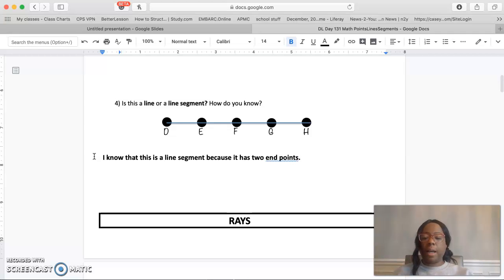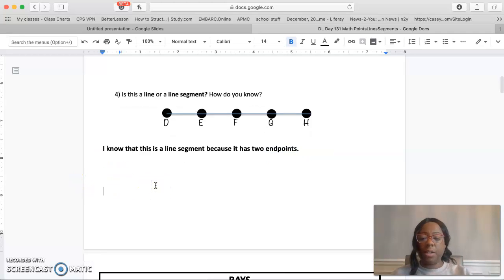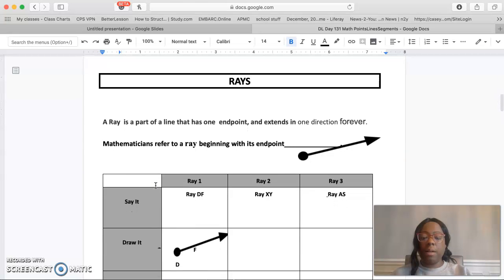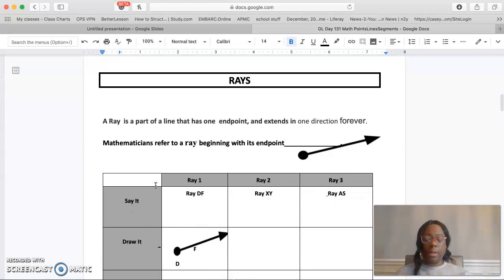So we can have line segment DE, we can have line segment EF, we can have line segment FG, we can have line segment FH. So either of these ending points can give us a line segment. Let's flip the page. Now, today's topic, we are going to be talking about rays.